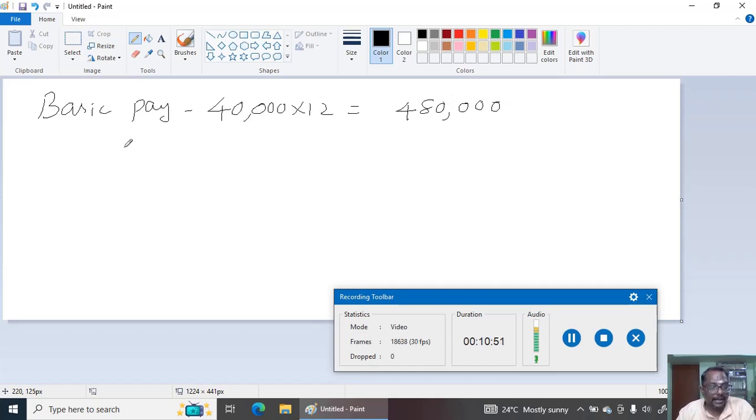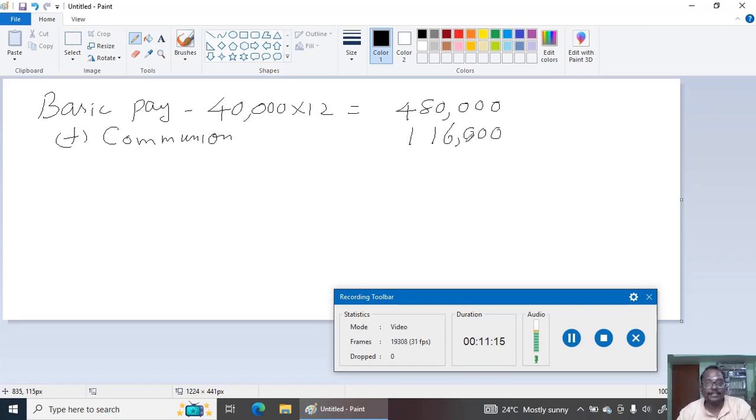Okay, another thing is given, commission is given. So add commission. How much is the commission? In the sum it is given that 1,16,000 commission. Our salary means the basic pay and also commission. That is also considered as a salary.